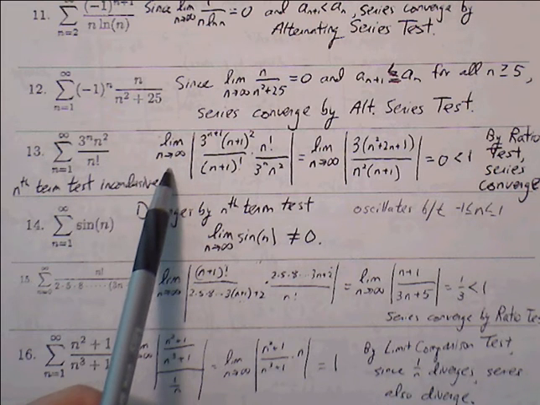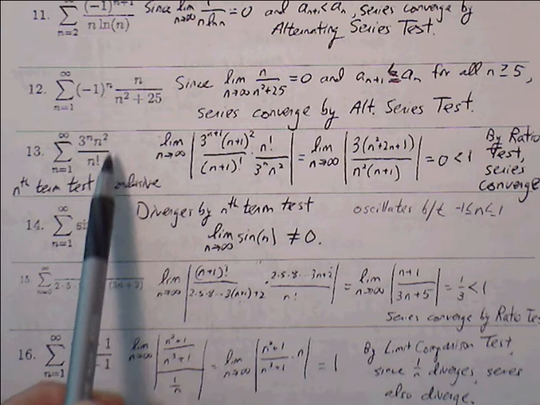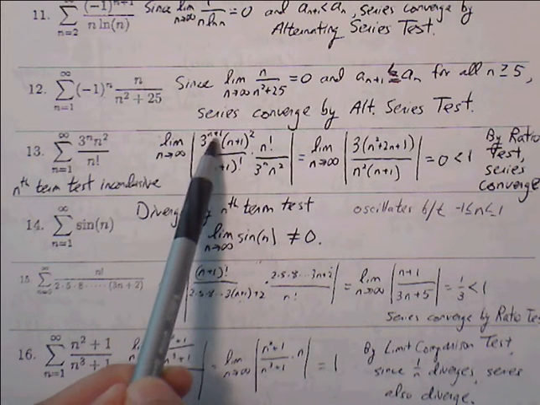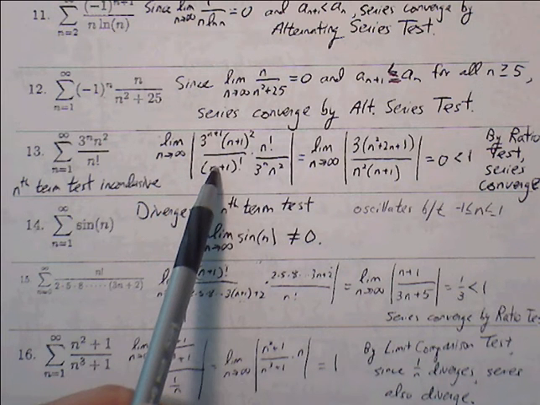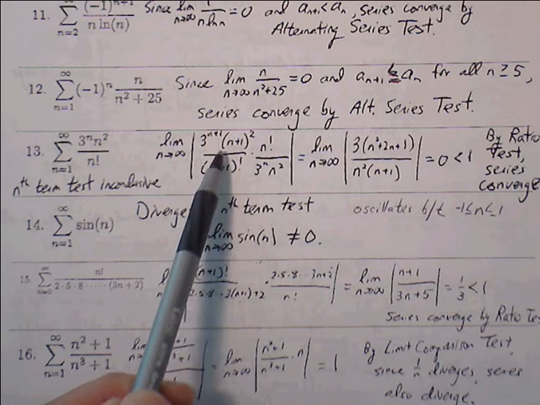So ratio test says we find the limit as n approaches infinity for a sub n plus 1 divided by a sub n. So a sub n plus 1, we add 1 to each of the n values and divide it by a sub n, which is the same thing as multiplying by the reciprocal.